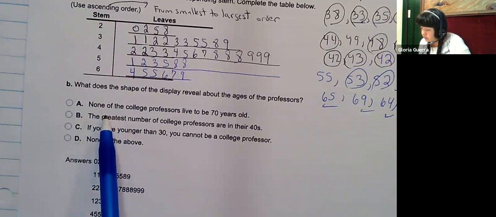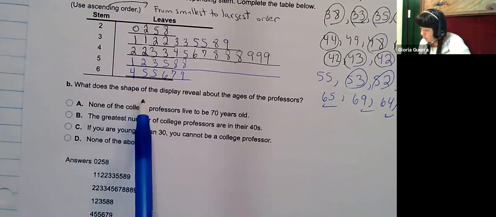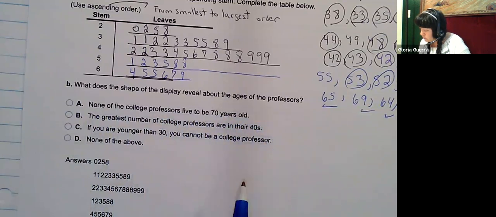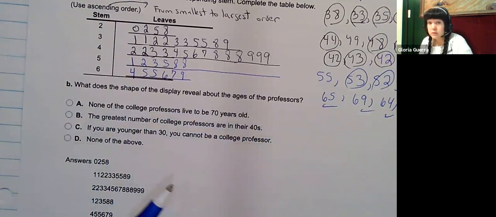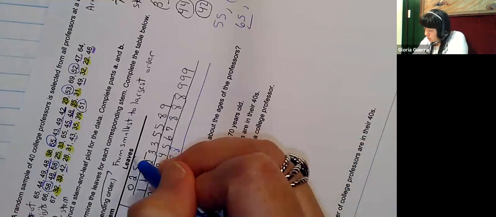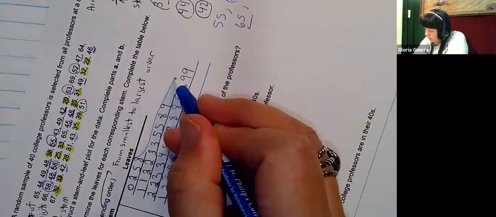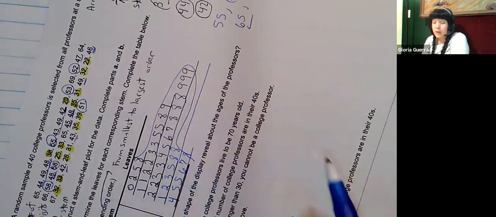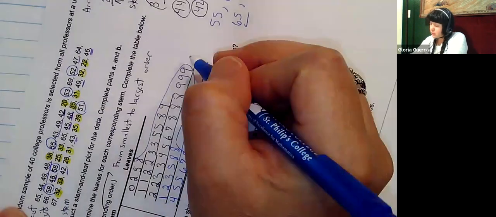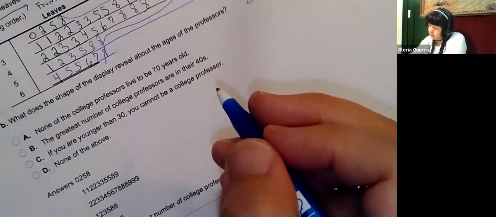So it says, what does the shape of the display reveal about the ages of the professors? Well, sometimes we were saying you could draw the silhouette of your data and see this right here. See this longest? This is your peak right here.